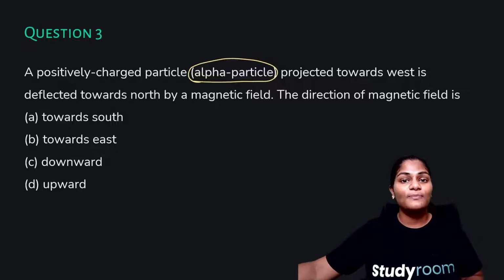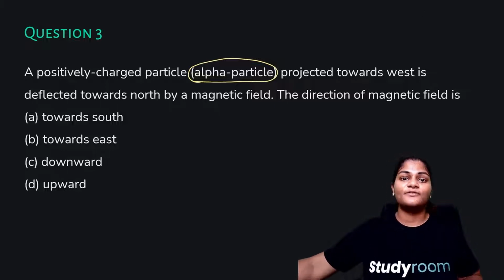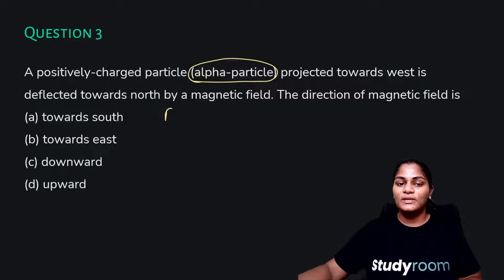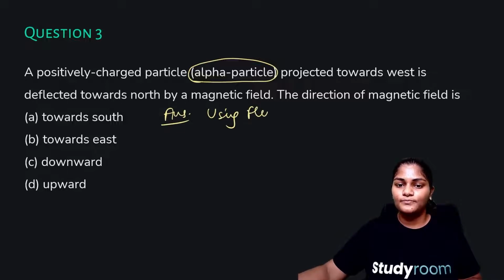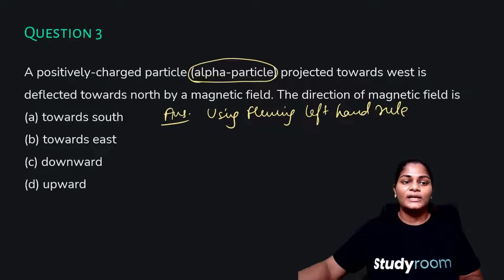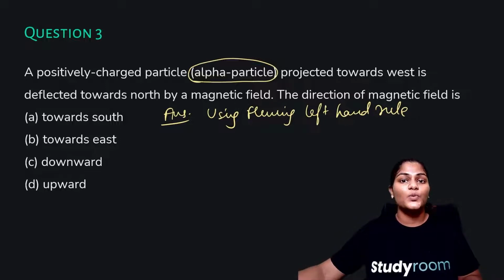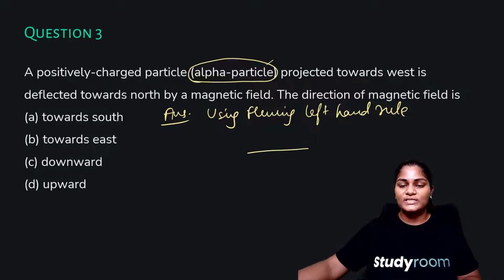So to calculate the direction of magnetic field, we are going to use Fleming's left hand rule. Okay, now we're saying that a positively charged particle is projected towards the west. That means this alpha particle is moving towards the west. Okay, that means its direction is this.